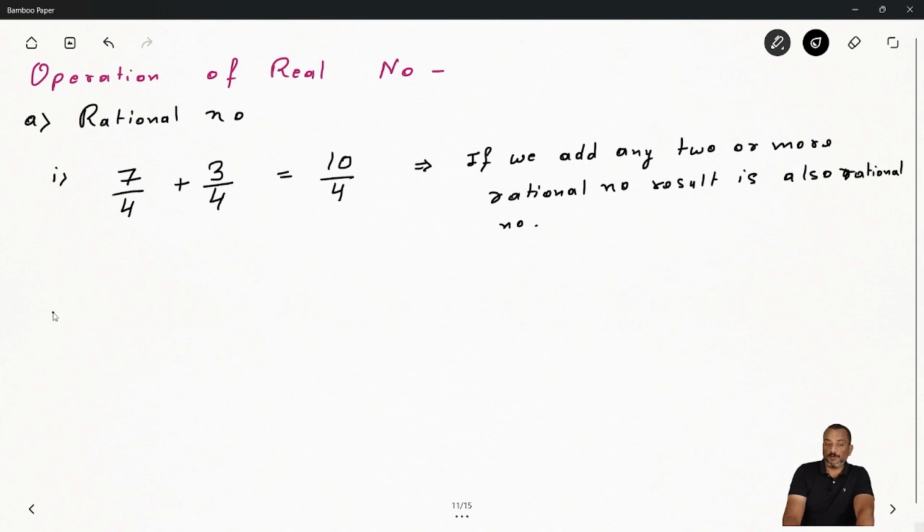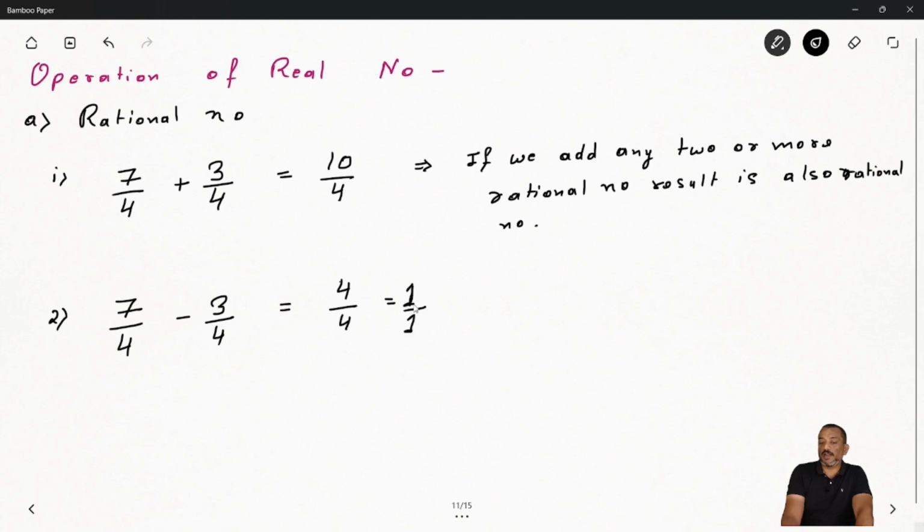Now the second one we will say here is difference. If any rational numbers are given, suppose we say here 7 over 4 minus 3 over 4 is given. So you can say their difference is how much? 4 over 4, that is equal to 1. So 1 you can also consider as 1 over 1.